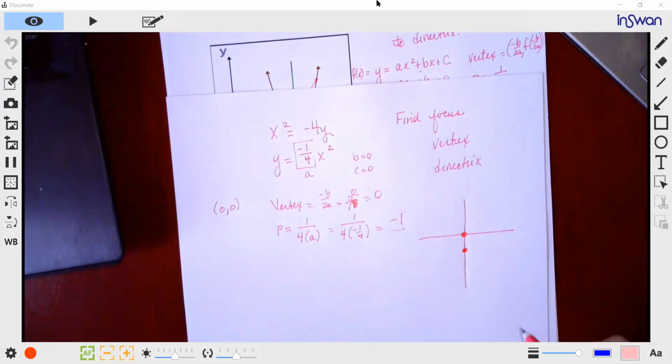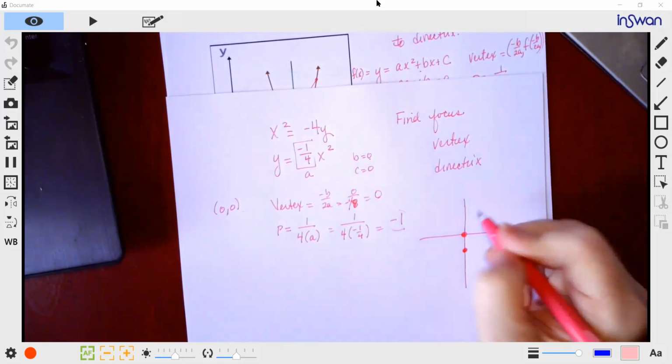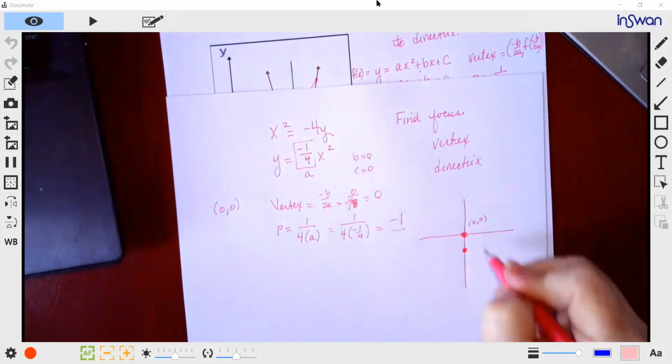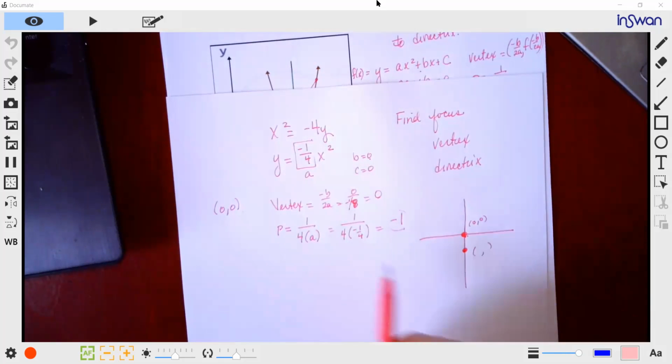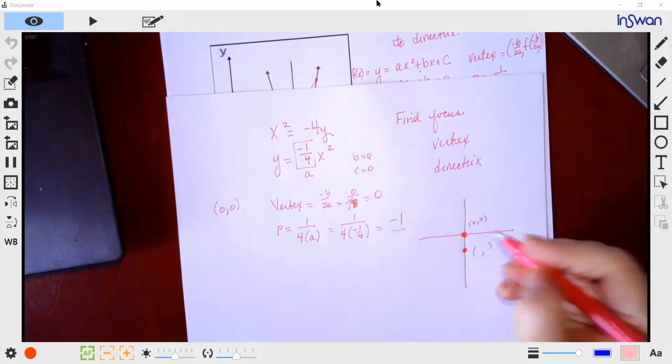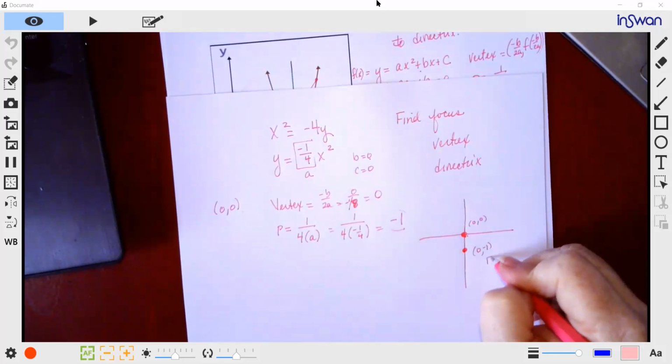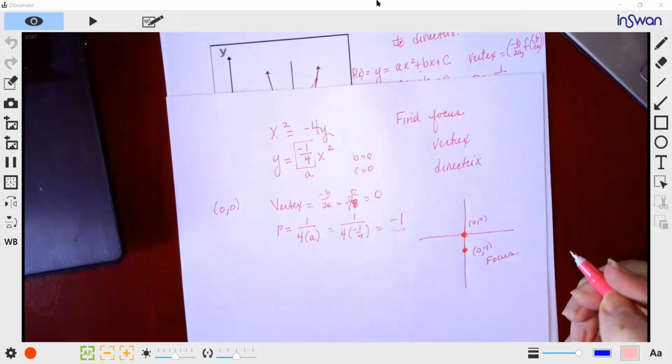So rather than trying to memorize some formula, if this is the point 0, 0 that we found to be the vertex, what would this point be if we moved 1 point down from that? 0, negative 1. Good. That would be your focus.